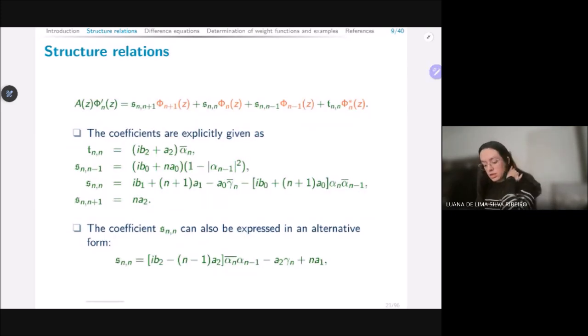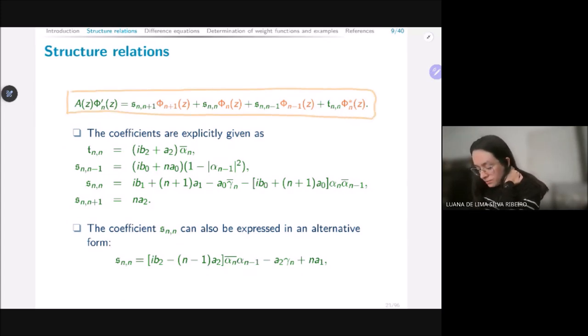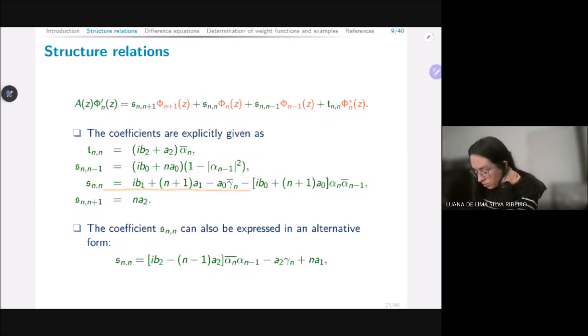And we obtain these quantities explicitly. So let's see this coefficient. Here is the structural relation. And the coefficient here is exactly this one, n times a2. The coefficient S n can be written in this formula in terms of b1, e1, the coefficient gamma.